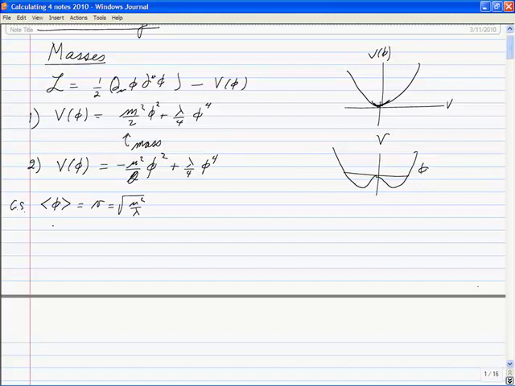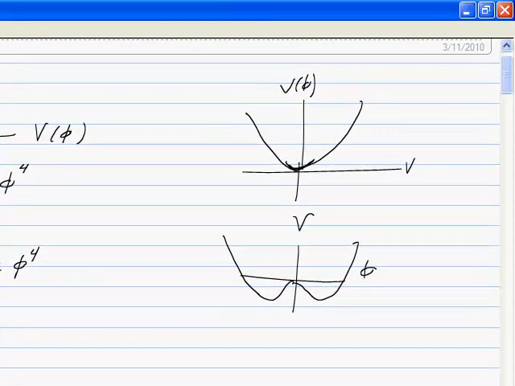So let's just do that. Let's let phi be v plus phi twiddle. In some sense we've just renamed phi. We could expand around either vacuum, either ground state, but we get the same results in both cases.